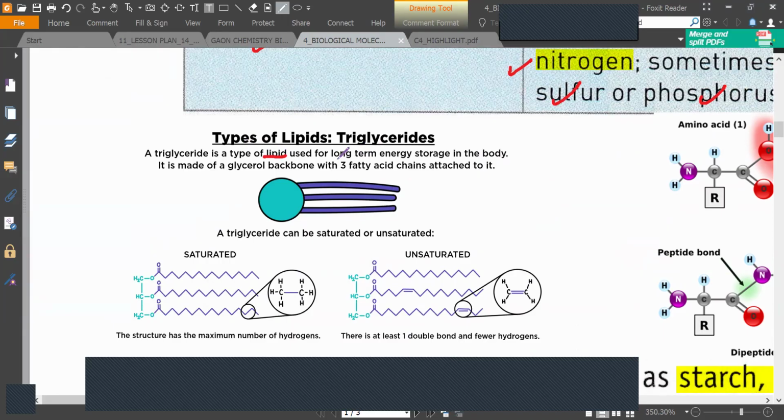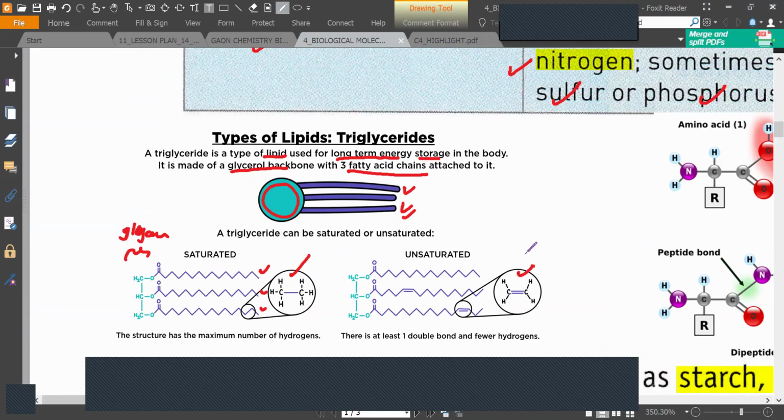It's used for long-term storage of energy in the body. It is made of a glycerol backbone. This part is the glycerol, with three fatty acids. This one will be the three fatty acids. So it looks kind of like this.